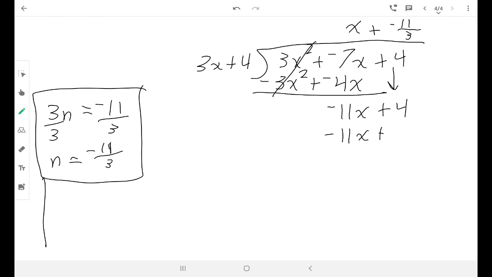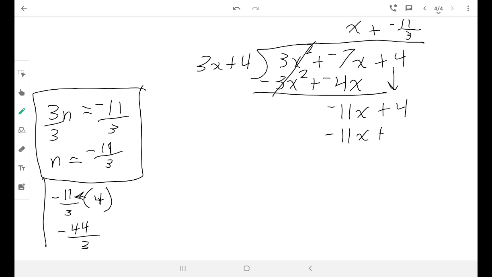Let me do some more work here. I want to do negative 11 over 3 times 4 now. And when you multiply fractions by things that are not fractions, you multiply by the top only, so we get negative 44 over 3. And what you don't really need to worry about is, what is that as a mixed number?